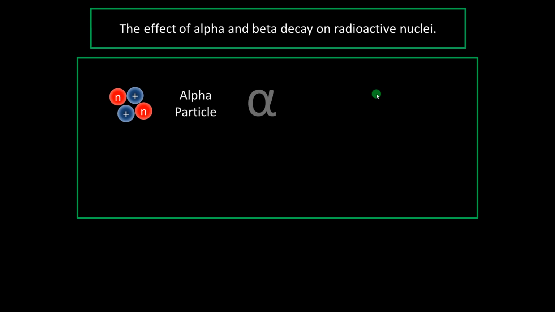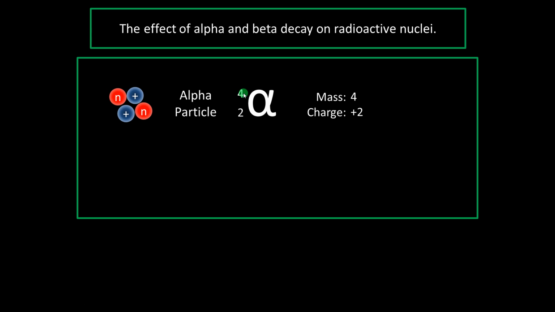It's 2 protons and 2 neutrons. It has this symbol, which is the Greek letter alpha, and if you think about it, it's got 4 particles in total in the nucleus here, so a mass of 4, and because of the 2 protons, its charge is +2. And so we put a 4 in the mass number and a 2 in the proton number.